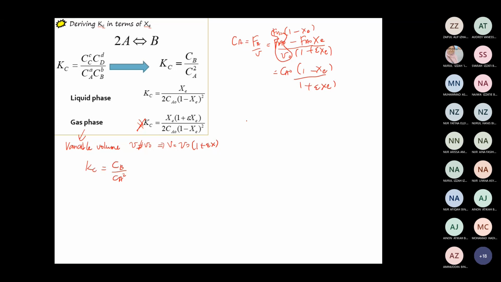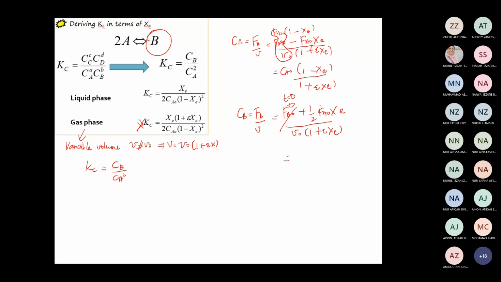So daripada sini we have CB is equal to FB over V. Remember B sekarang adalah dekat produk. Jangan salah tau. So produk kena tambah, which is FB0 plus half FA0 macam sebelum ni, cuma penyebut dia jadi lain, which is V0 (1 plus epsilon XE). So daripada situ ni akan jadi kosong sebab at T0 FB0 tak ada, sebab dia produk. So what remain actually is half FA0 XE dengan ni.